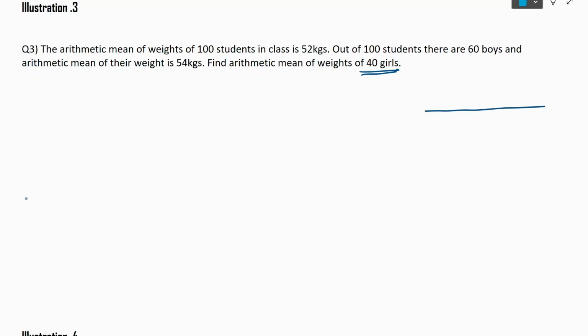Therefore, what I told you is to make the table with 3 columns, because here we know that there are boys and girls, it is 2. Therefore, you can write here, this is boys information and this is girls information. And the combined, you can write after girls also. Now here what is given? The weight of 100 students in a class is 52. That means it's a combined value, right?